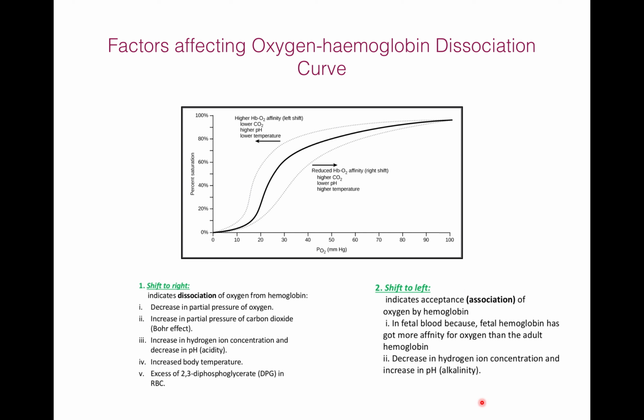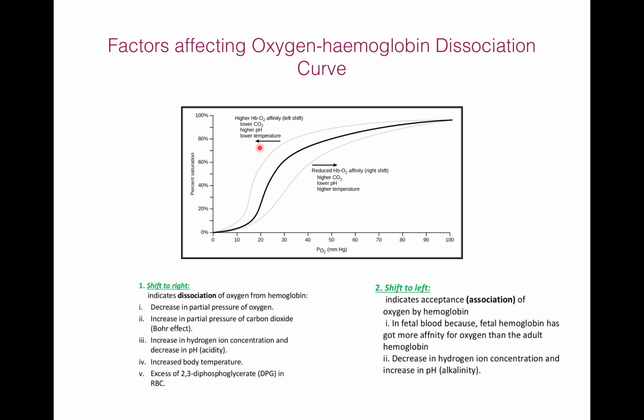If there is a decrease in hydrogen ion concentration and increase in pH, that is, a decrease in acidity, then the curve turns to the left side. So these are the factors which affect the oxygen hemoglobin dissociation curve, mainly carbon dioxide, pH and temperature.